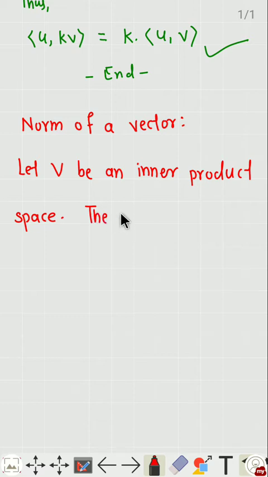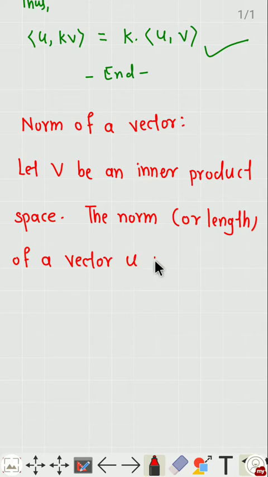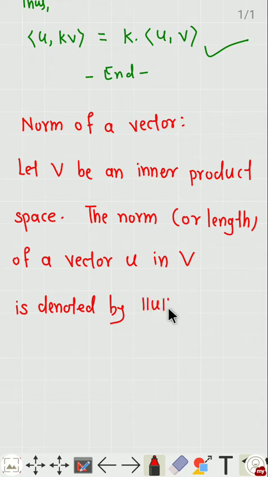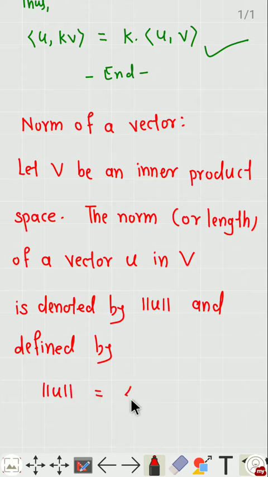the norm, or it is also called the length, of a vector u in V, is denoted by norm of u and defined by norm of vector u is equal to inner product of u with u raised to the power 1/2.